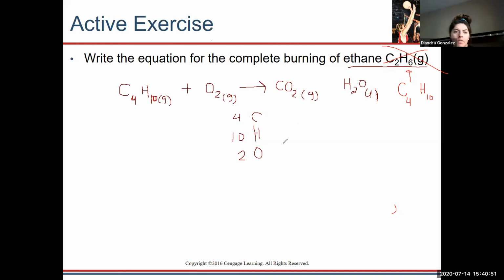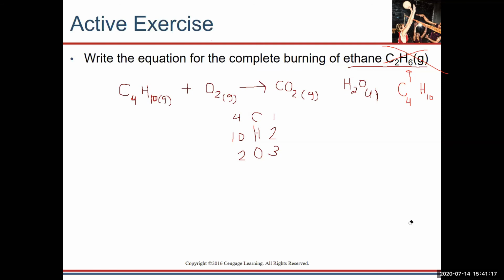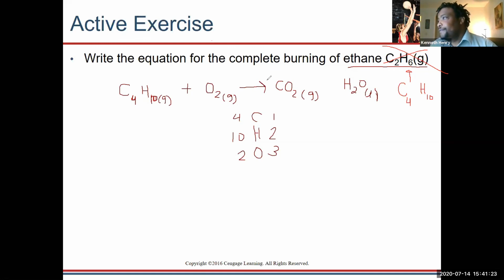We have 1 carbon, 2 hydrogens, 3 oxygens on the product side. Put a 4 in front of the CO2. That'd give us 9 oxygens.